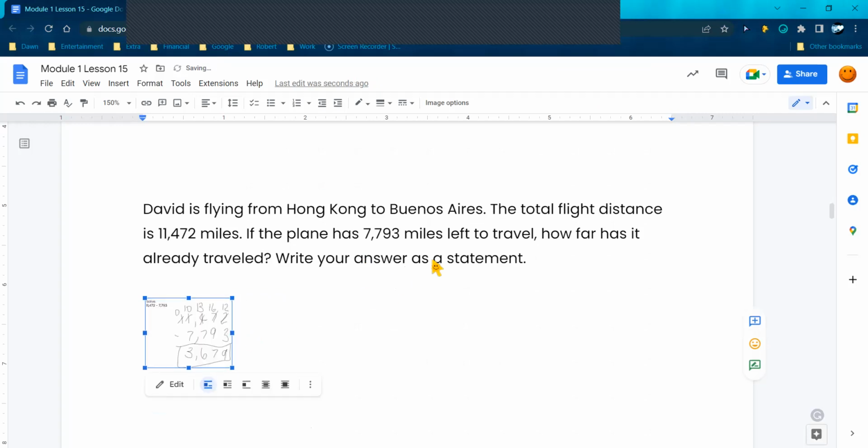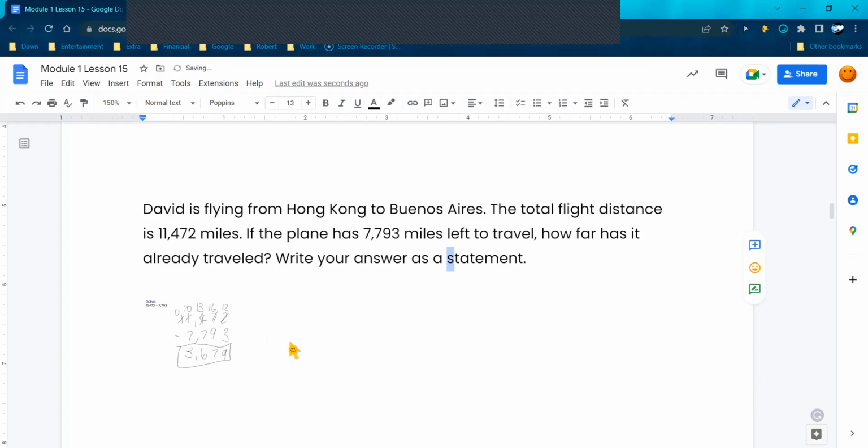So that gets us our problem. It does not get us our statement. So this is why I'm going to say the plane has already traveled 3,679 miles.